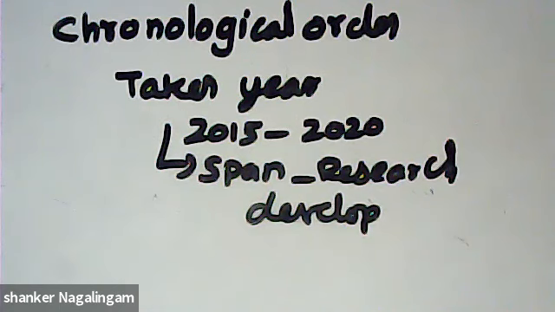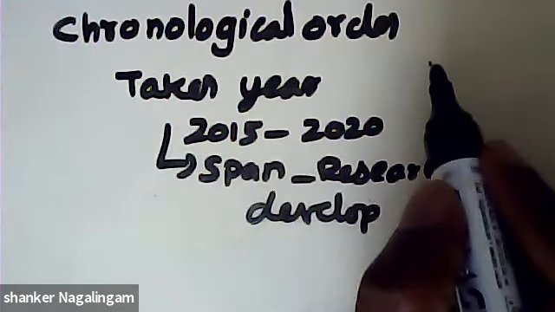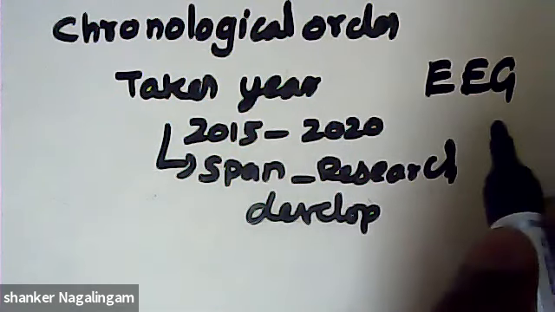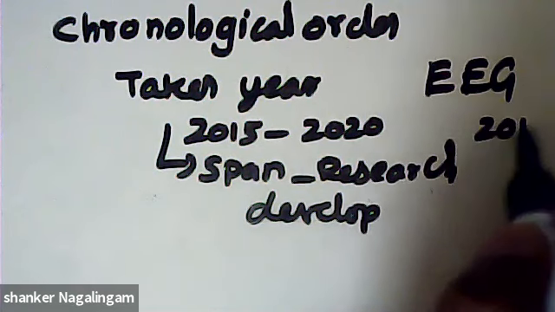It means that you have to start from 2015, 2016, 17, year wise, how far the growth was there in that particular research that you have taken. It has to be discussed. It means that if I do something about quantum computing, or if I take EEG sensors, you have to collect all the papers from 2015 to 2020.